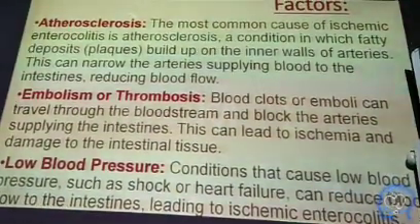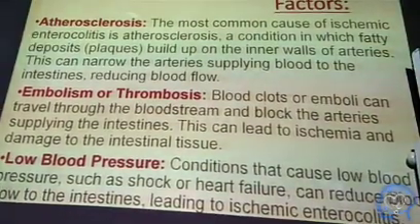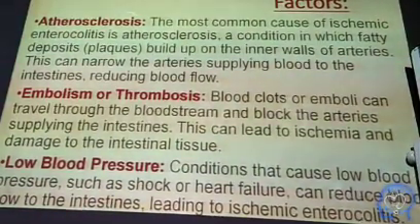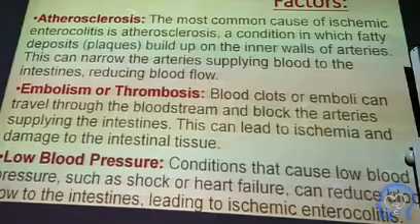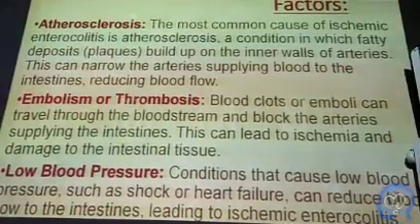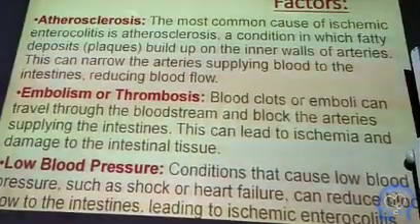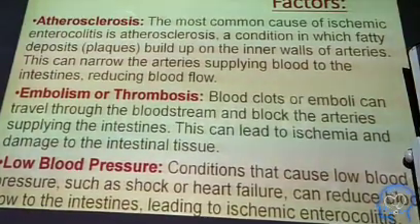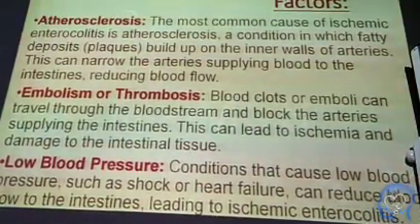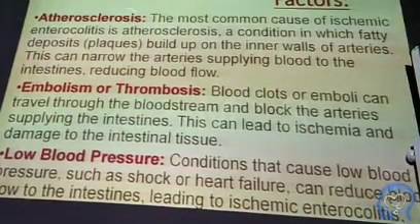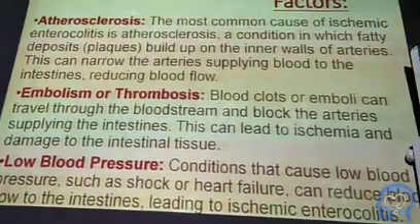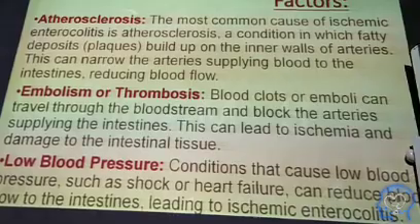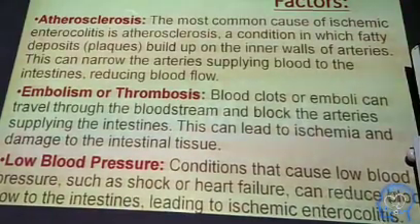If the severity is severe, then definitely the manifestation of ischemia will appear, just like gangrene or other acute changes. If it is chronic, then the compensation of collateral circulation will compensate for it. And low blood pressure, due to any reason: if the supply is low, the pressure is low.